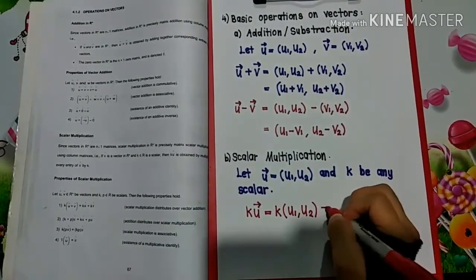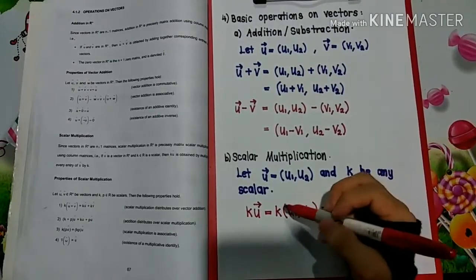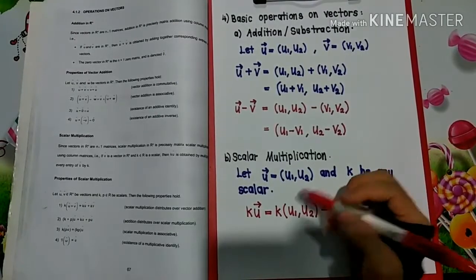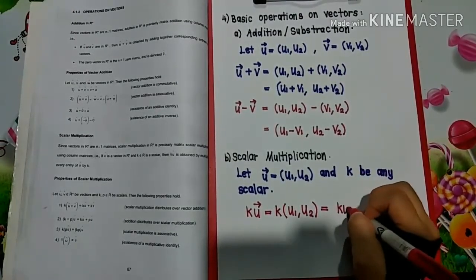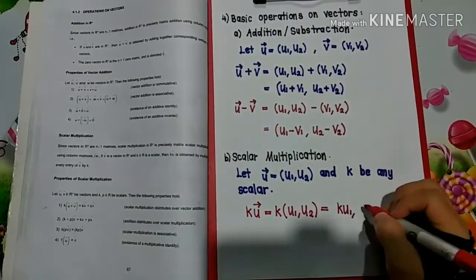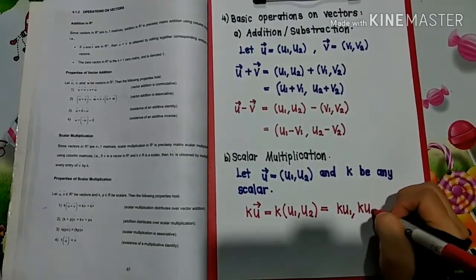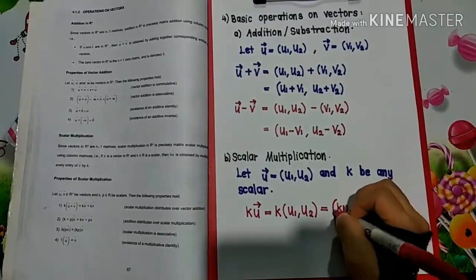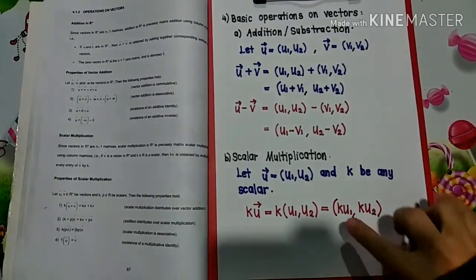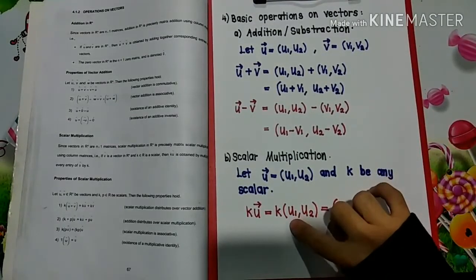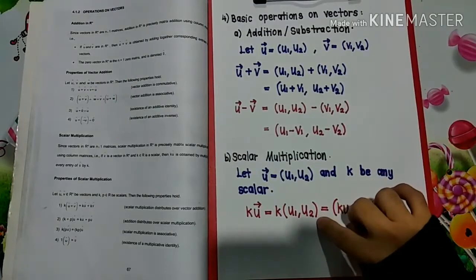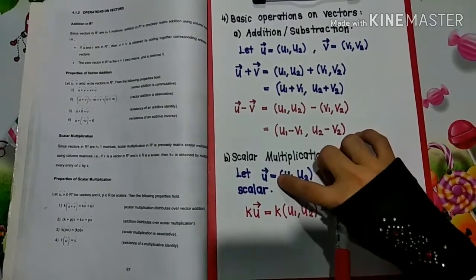How do you do the scalar multiplication? k you multiply with U1, and k you also multiply with U2. So that's how you do scalar multiplication. The scalar you multiply with all the elements inside the vector U.